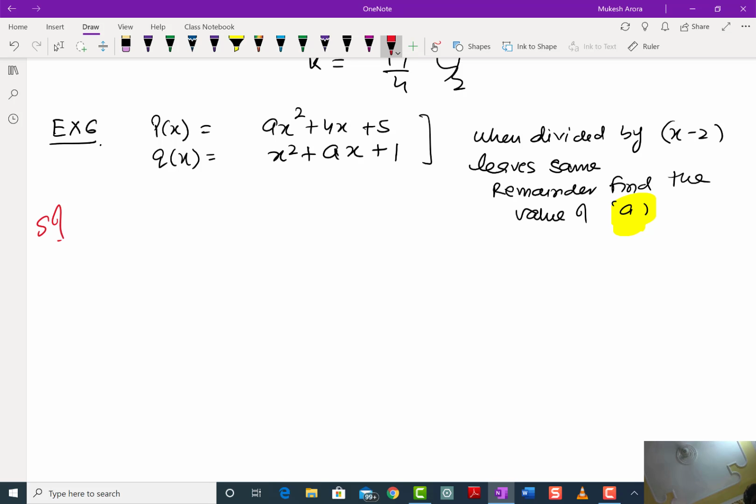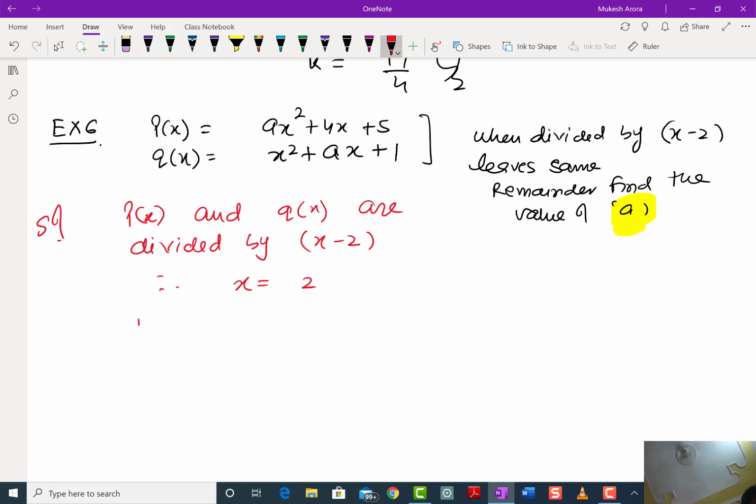So p(x) and q(x) are divided by x minus 2. Therefore x is equal to 2. So p(2) is a into 2 raised to the power 2 plus 4 into 2 plus 5, 4a plus 8 plus 5, 4a plus 13.